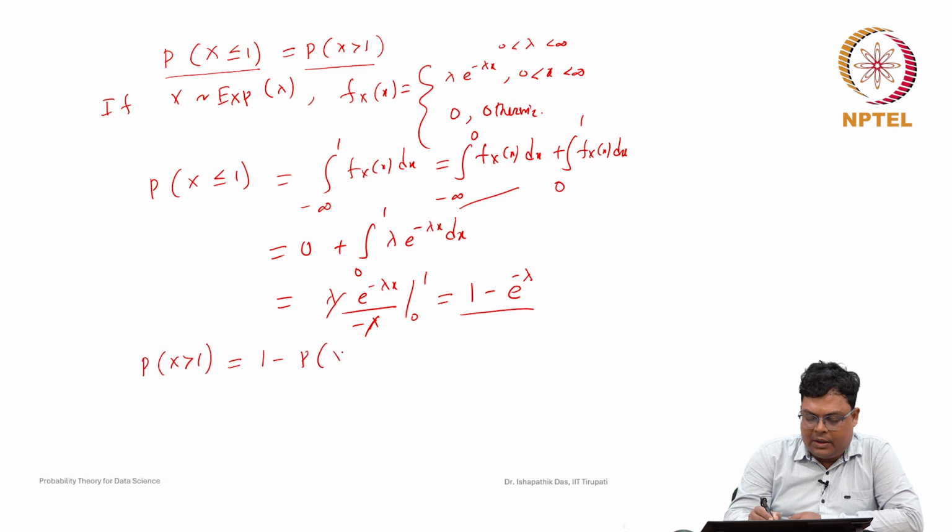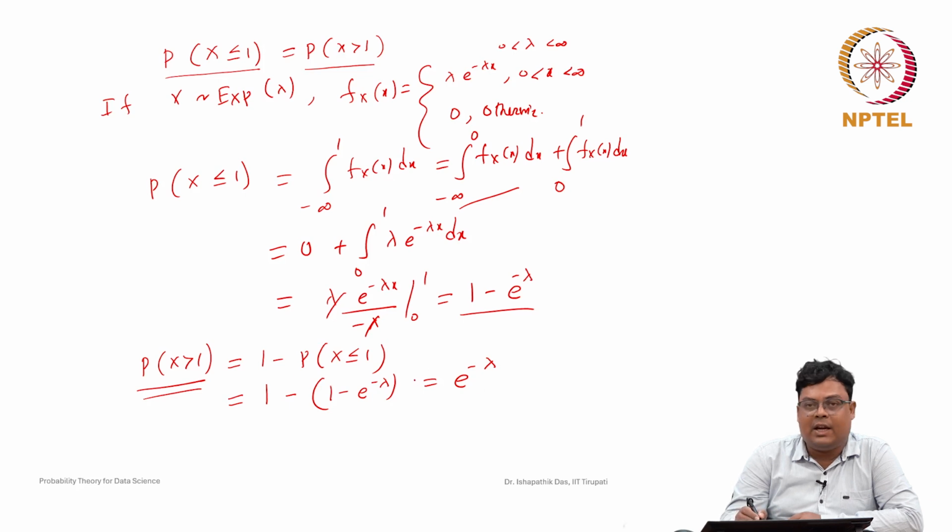So it is 1 minus the probability that x is less than or equal to 1, which is 1 minus of 1 minus e to the power of minus lambda. So it is just e to the power of minus lambda. Either you can find it by doing the integration from 1 to infinity, but because it is just a complement, we can directly compute it.